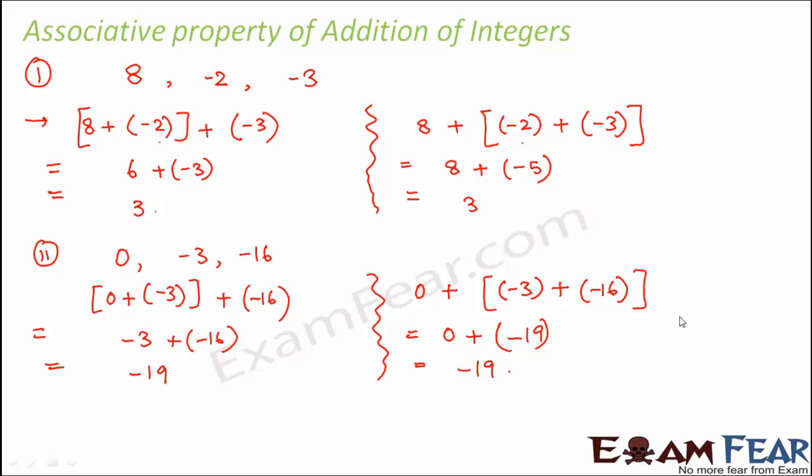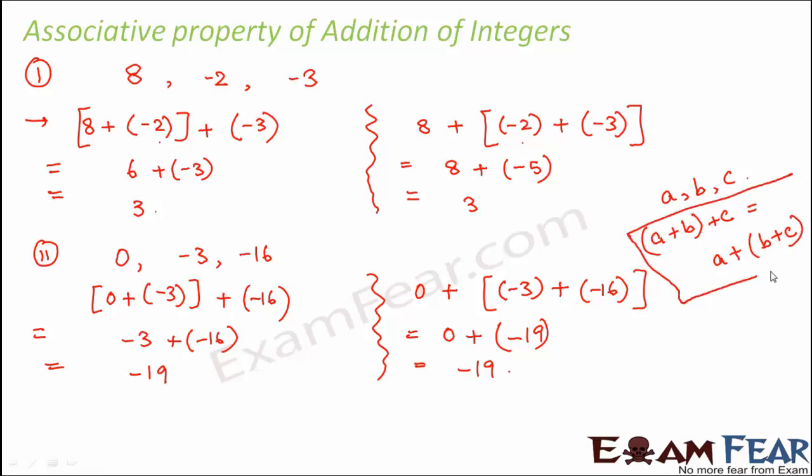So therefore we can conclude that if we have three integers a, b and c, then a plus b plus c is equal to a plus b plus c. So whether we first find the sum of a and b and then add it to c, or we first find the sum of b and c and then add it to a, the result is going to be the same.